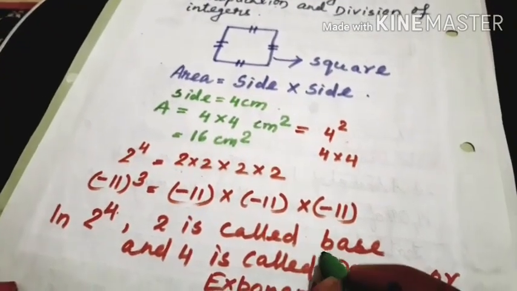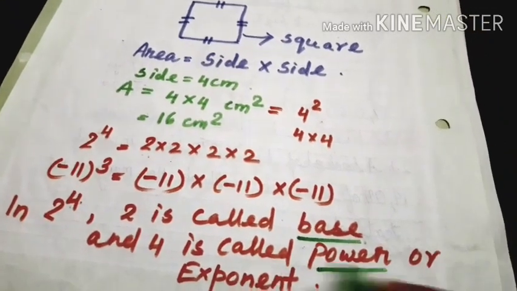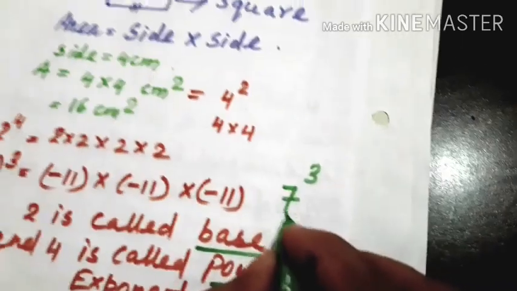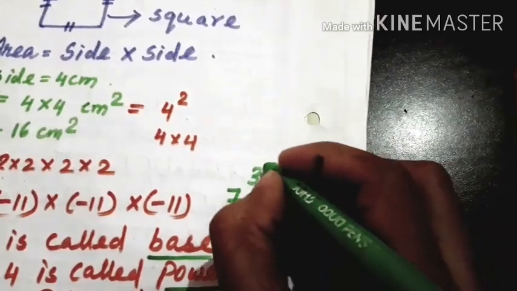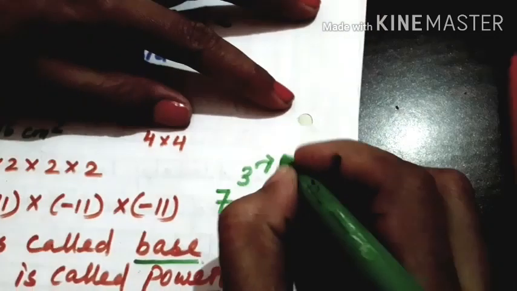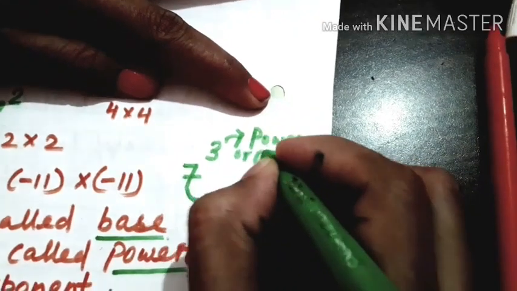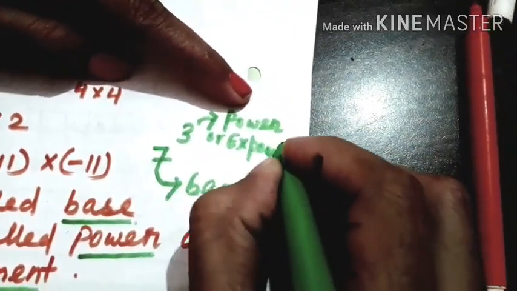So 2 is called base and 4 is called power or exponent. Suppose let's take another example, 7 to the power 3. Here 7 is called base and 3 is called power or exponent. I think you are clear about that, power and exponent.